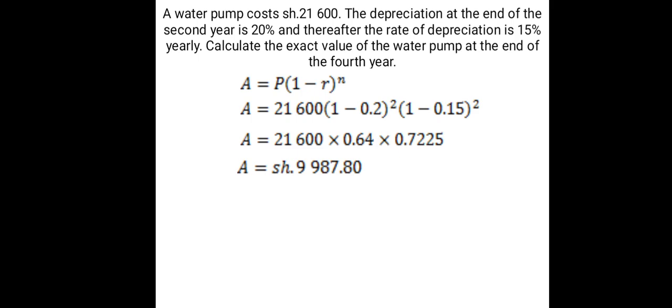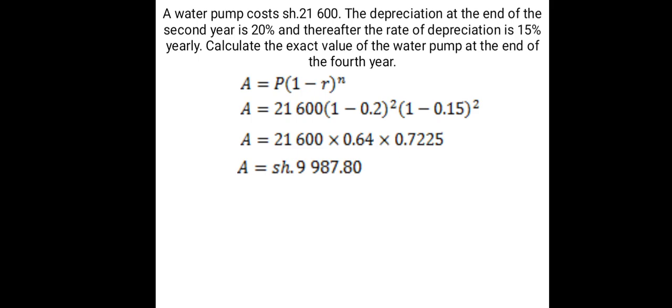A water pump costs 21,600 shillings. The depreciation at the end of the second year is 20%, and thereafter the rate of depreciation is 15% yearly. Calculate the exact value of the water pump at the end of the fourth year. Now we use a formula, and for compounding, we need not calculate separately.